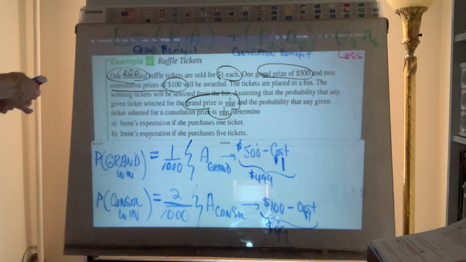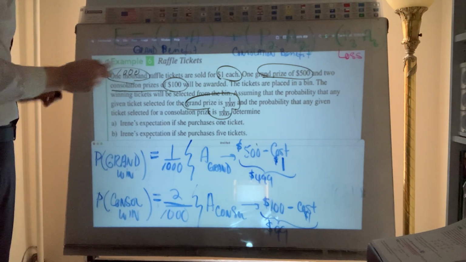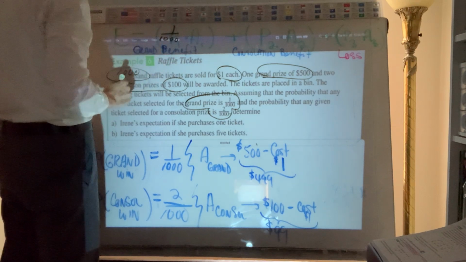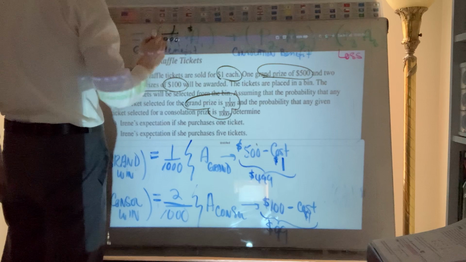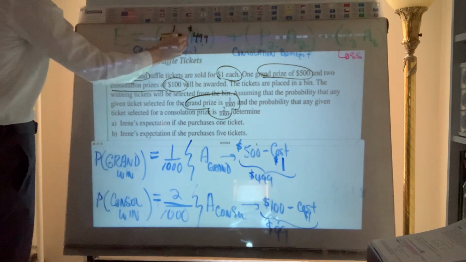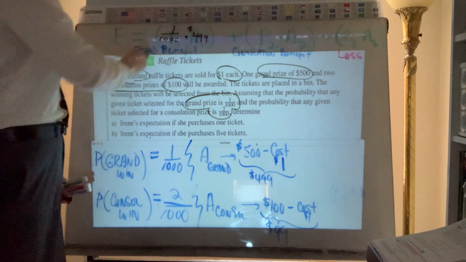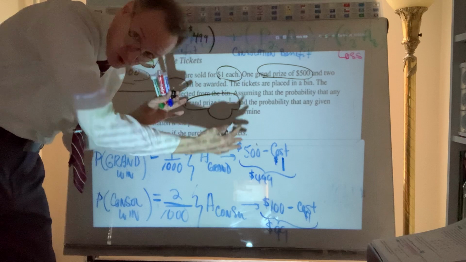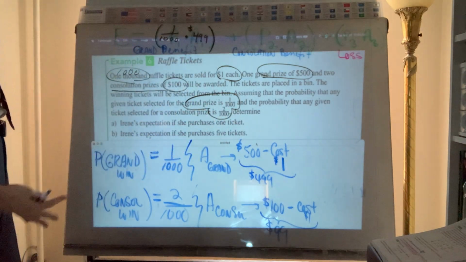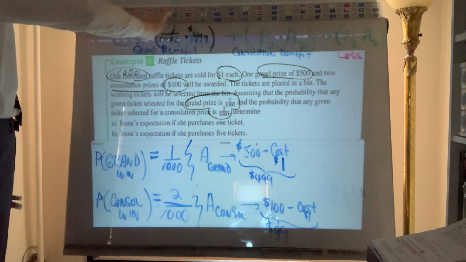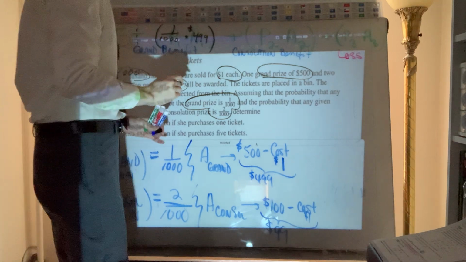All right, let's start to fill in the model here. Probability 1 in 1,000, and the amount associated with that would be $499 in theory. So we would have these multiplied. I put these parentheses here as a reminder to you that you really should do the multiplication before you add or subtract, as in all order of operations type of problems. We're not performing algebra here, we're just sticking with the right side of the formula.